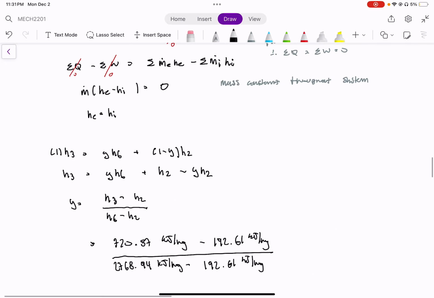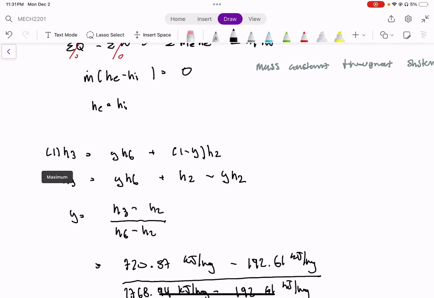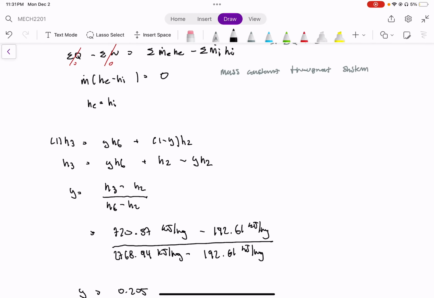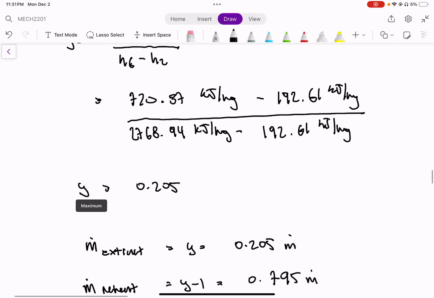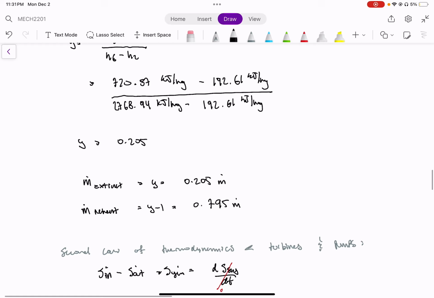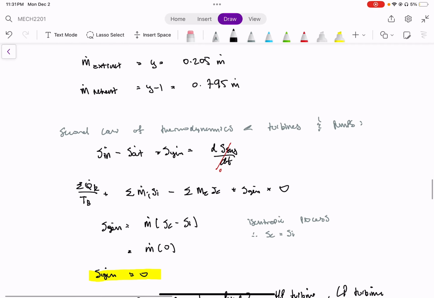Because there are two streams that the mass flow can go through, we have to use this, where H3 is the 100% of the mass flow. With y and 1 minus y, we can solve for y since it's the only unknown, and we find that y equals 0.205. Now we find that 1 minus y equals 0.795. We're going to be using that for the rest of the problem.